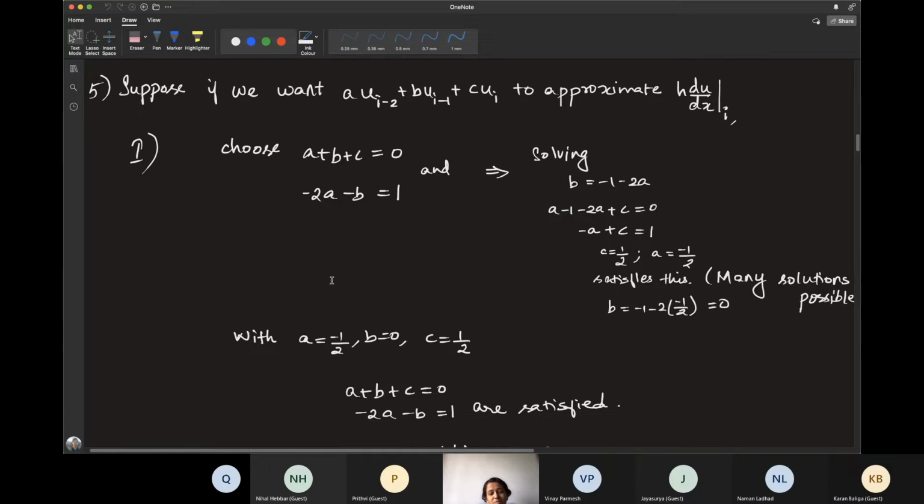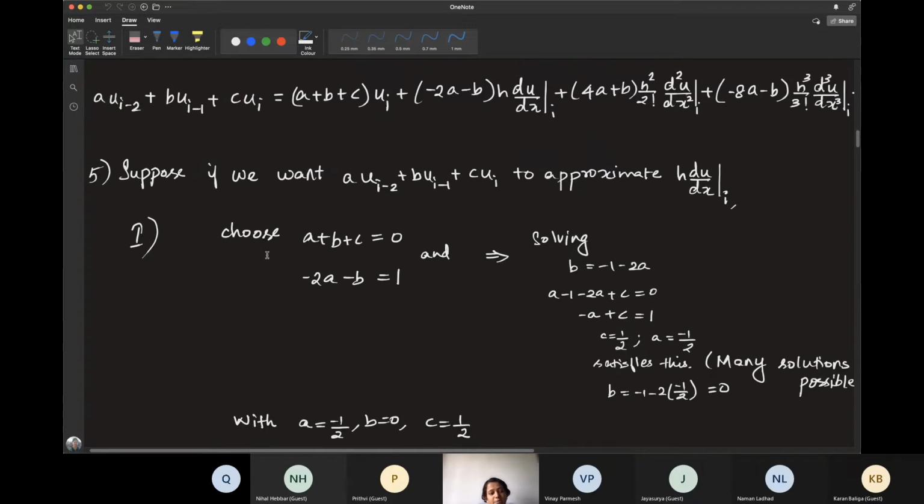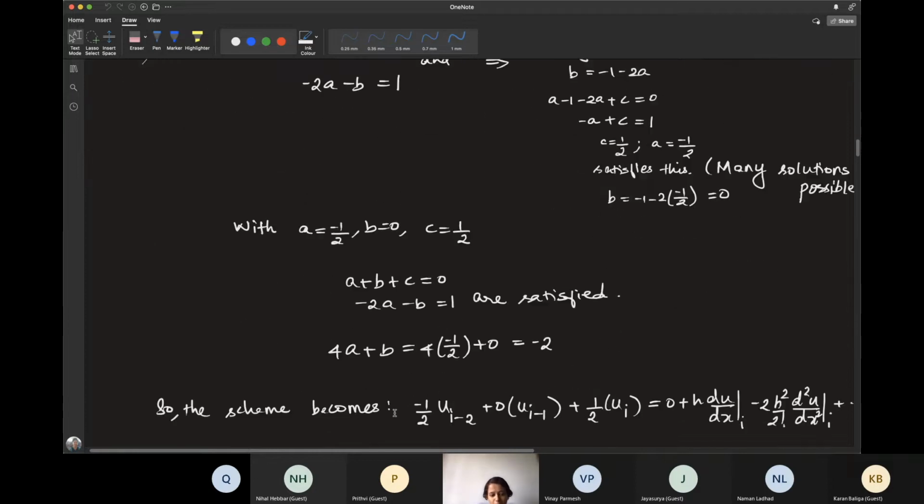Now these coefficients satisfy these two equations. So obviously when you substitute a, b, c in this expression, this term is going to go to 0 and this term will go to 1. The rest of the coefficients you have to evaluate from the values you have obtained for a, b, and c.